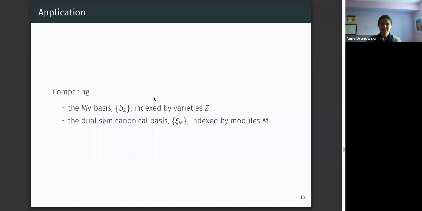So Baumann, Kamnitzer, and Knutson were interested in comparing two geometric bases of representations of algebraic reductive groups, the MB basis and the dual semi-canonical basis.